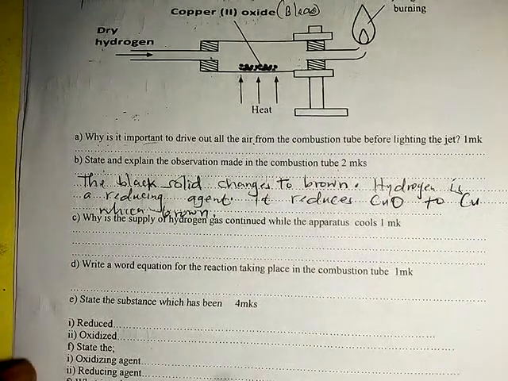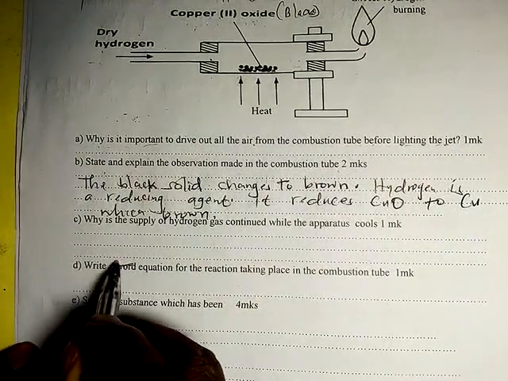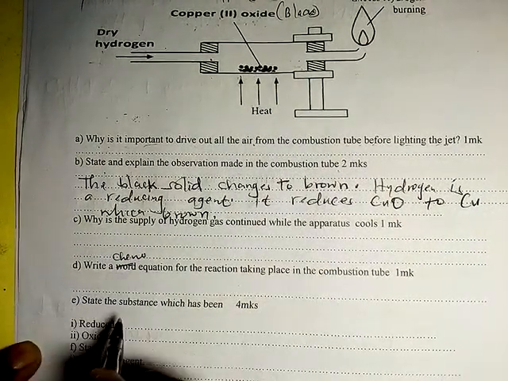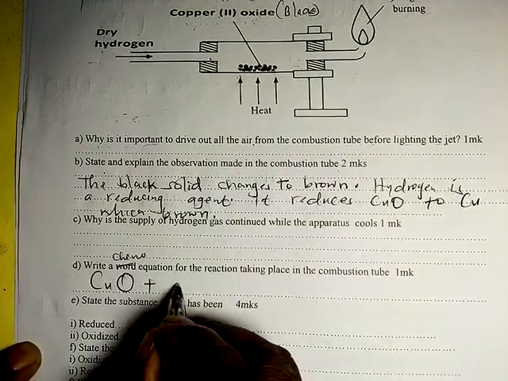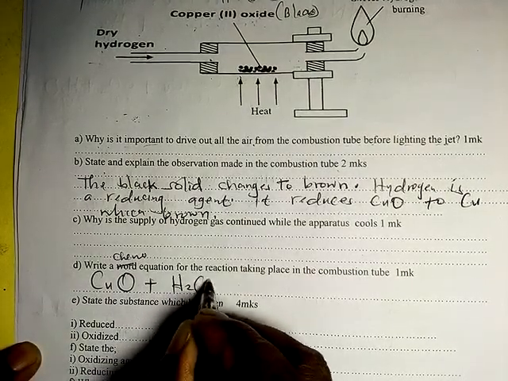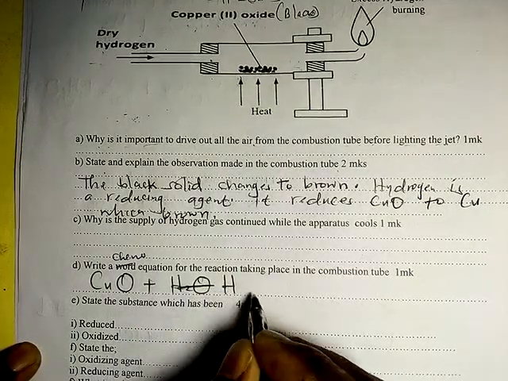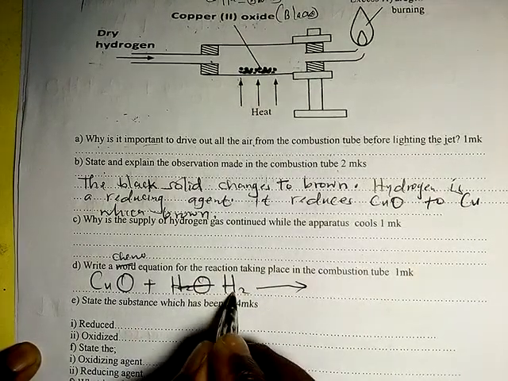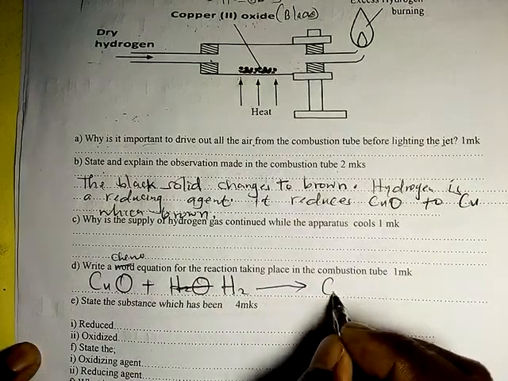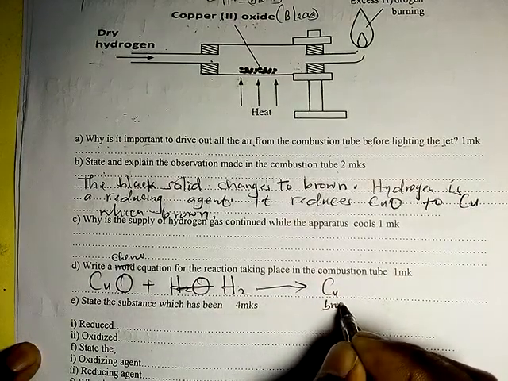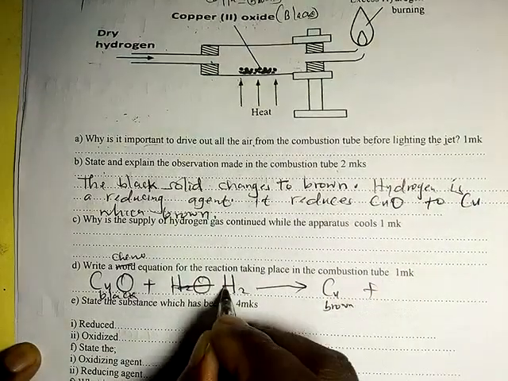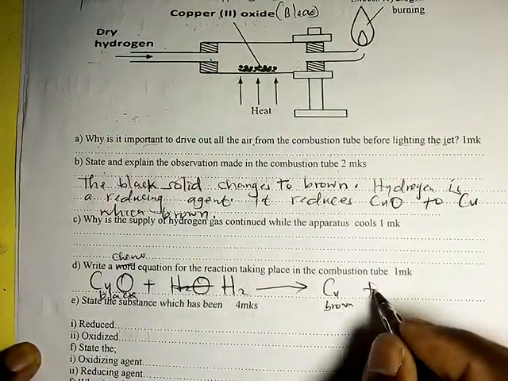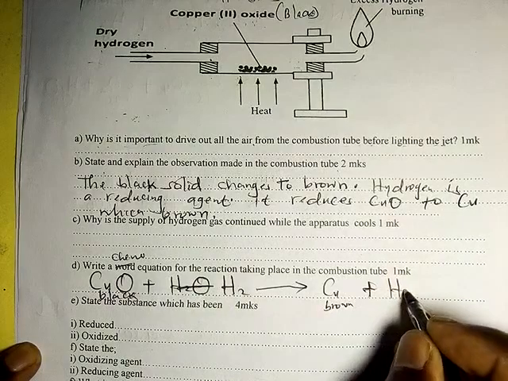Let us write the chemical equation. Copper(II) oxide plus hydrogen: hydrogen will take the oxygen, leaving copper, which is now brown, and this one is black, and the oxygen will combine with hydrogen to form water.